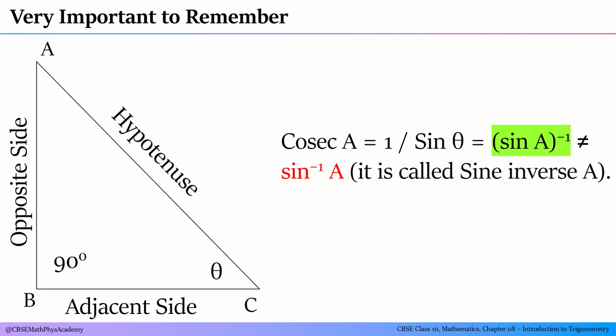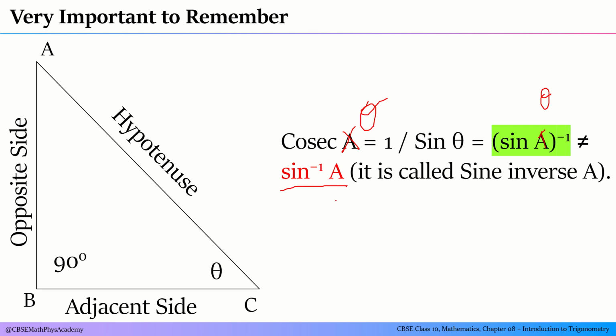There is one important thing to remember, which is very clearly pointed out in your book. Cosec theta is equal to 1 by sine theta, that is the inverse. This should be written as sine theta to the power of minus 1, and not as sine minus 1 of theta. There's a substantial difference.